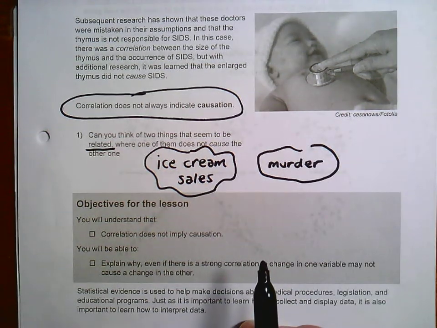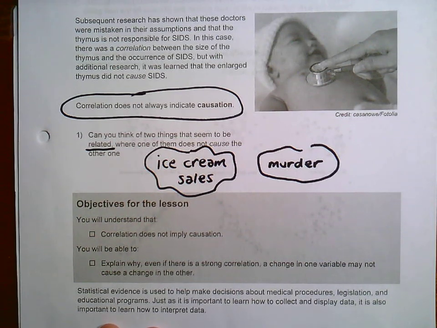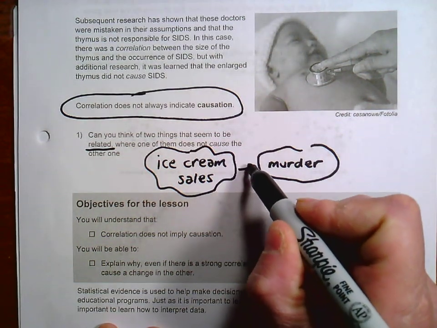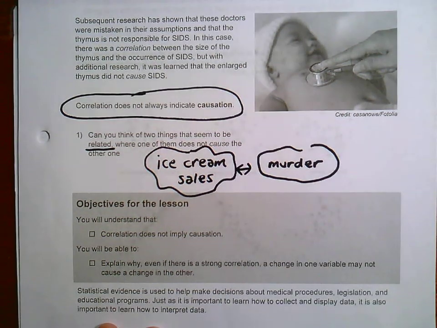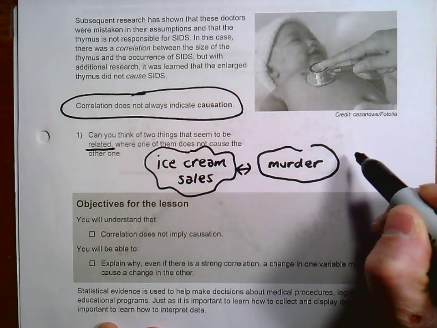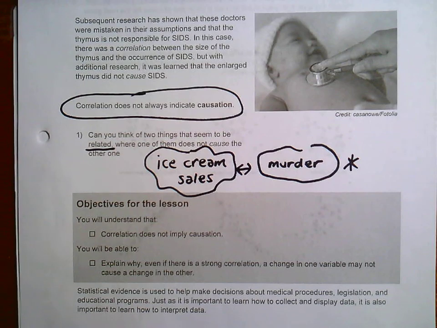So this is kind of neat because when you think about the two, they're connected, right? There's a correlation, but that doesn't mean that one of them causes the other. So we're not saying that ice cream sales, right, cause violent crime. So this is a good example of where two things can actually happen together, but that doesn't mean one causes the other, right? So you could probably Google some other examples of this and find some other examples that you can add to that.